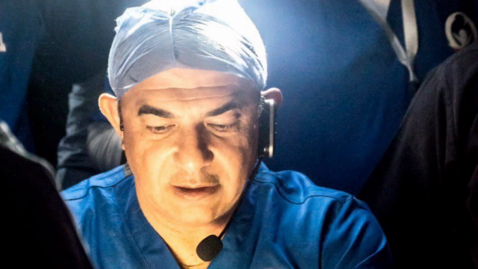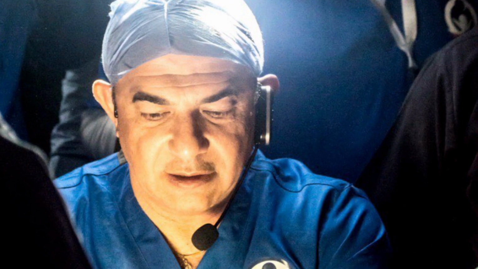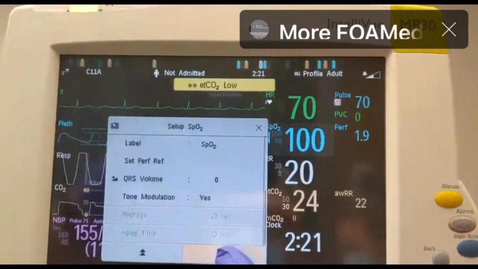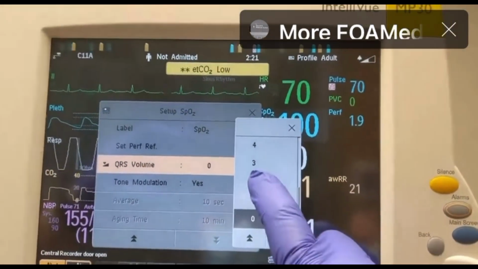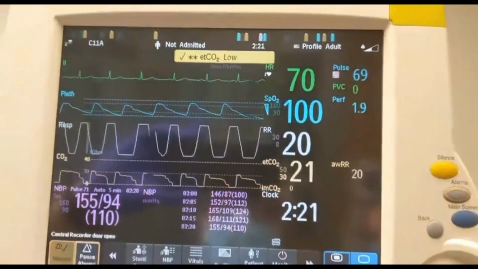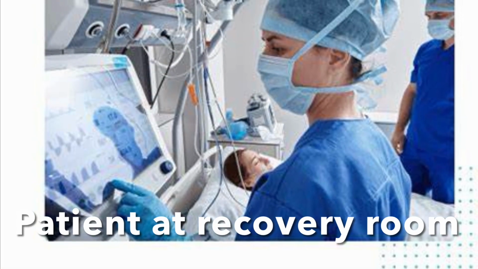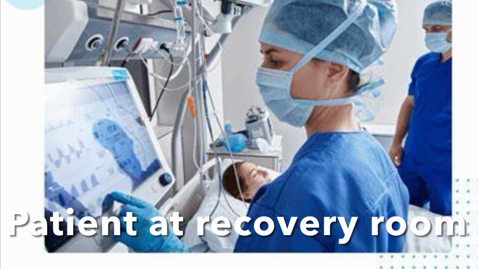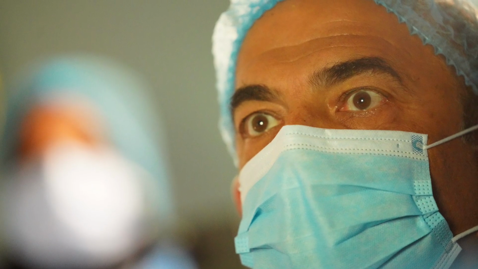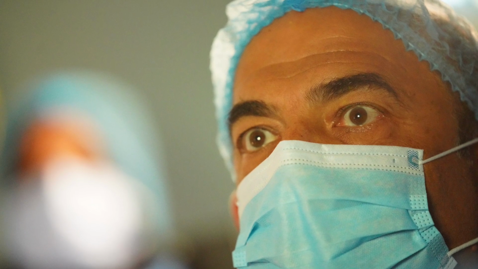We were waiting, expecting what would happen. And gradually the heart rate started to rise up, with hyperbaric oxygen and head down, and then the patient was transferred safely to the recovery room, and mission accomplished. This is Osama Shawki from Cairo, Egypt.